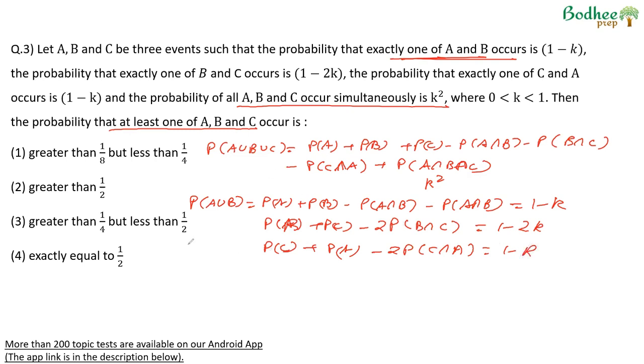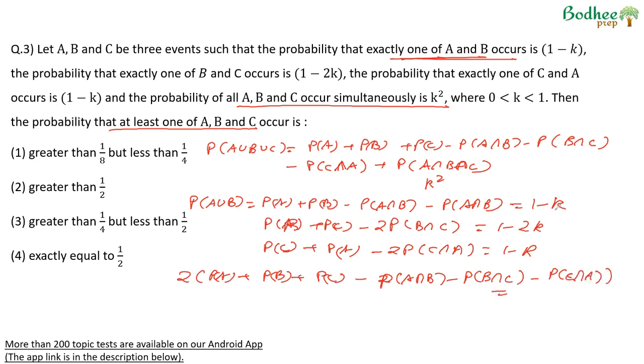If we add these three, we will get 2 times P of A plus P of B plus P of C minus P A intersection B minus P B intersection C minus P C intersection A, which will be the sum of the numbers here. This will be 3 minus 4k.